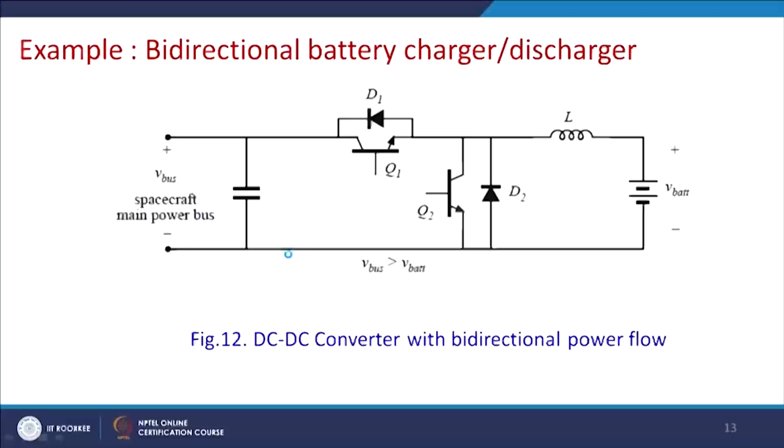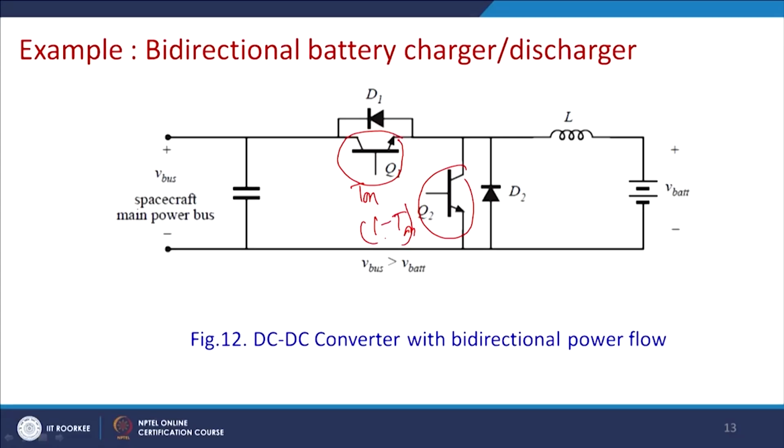So, this is one example. This is an example of the bidirectional battery charger, where there is a little bit of change. We had in this case a buck converter, this was IGBT or BJT, and this was diode, since actually this was T on and automatically this becomes 1 minus T on.